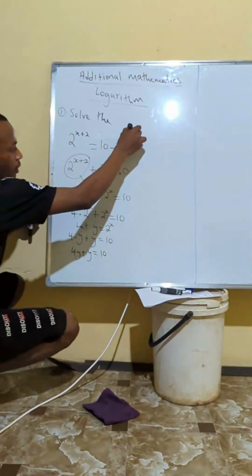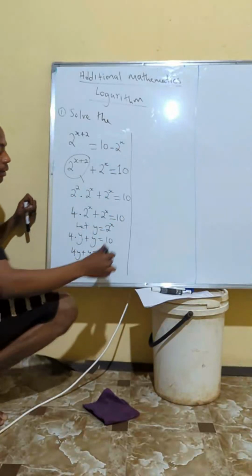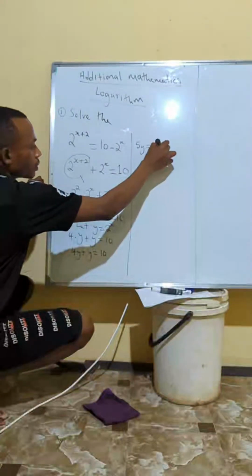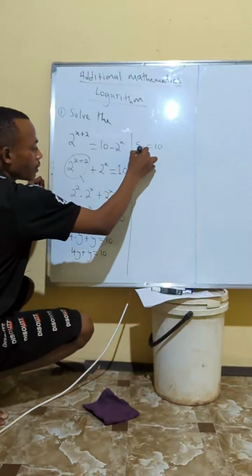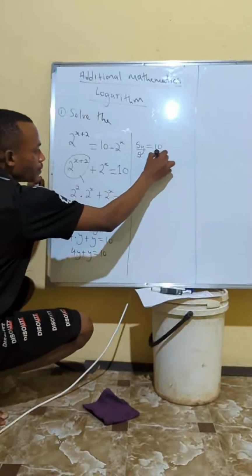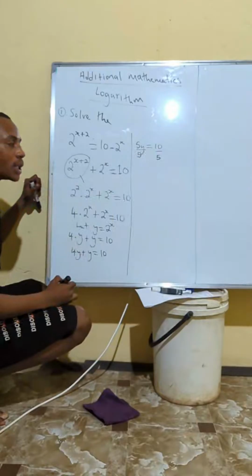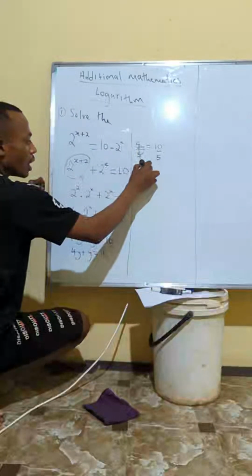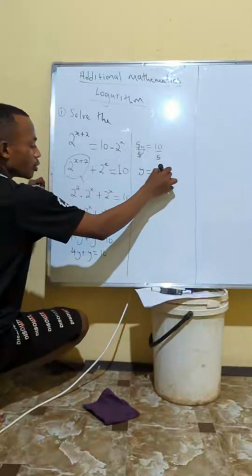When we do our mathematics, we're going to have 5y is equals to 10. We divide both sides by 5. This is what you're going to get. Then when you do your mathematics here, it will be y is equals to 2.